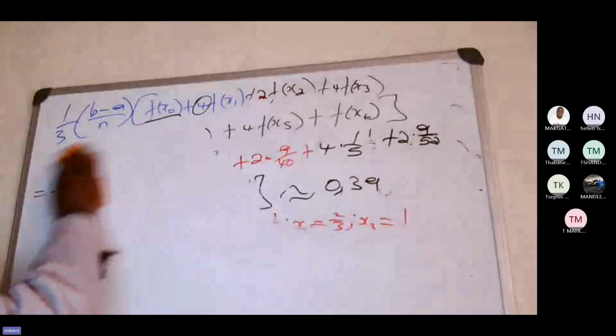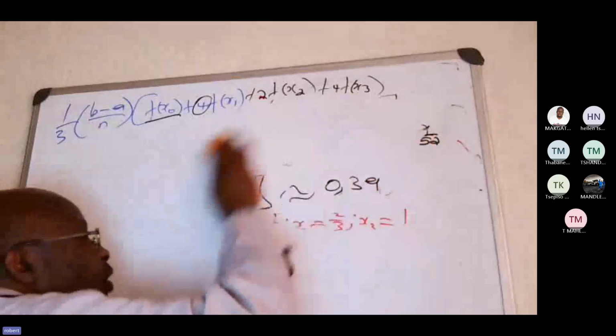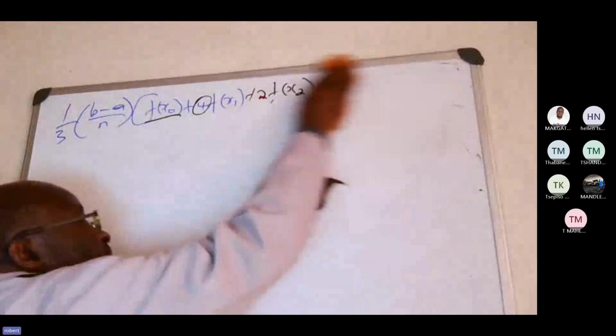Now the last one is what is called the mid-ordinate rule. With the mid-ordinate rule, unlike the first two, you don't use the extreme abscissas.